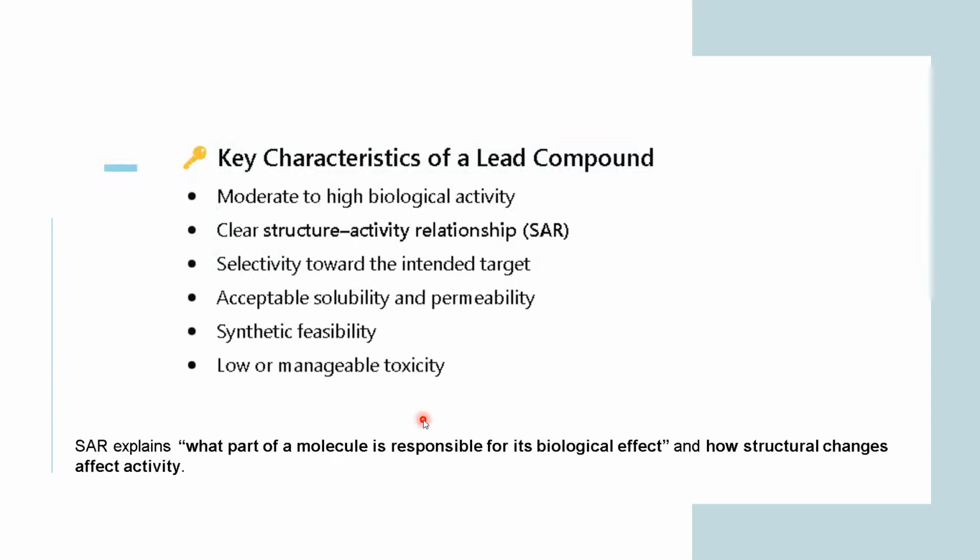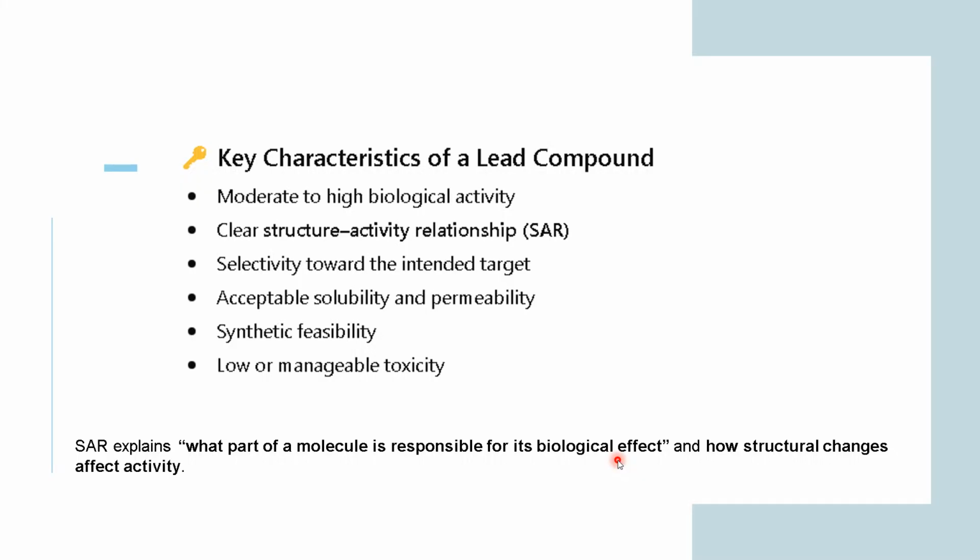Okay. So the key characteristic of a lead compound is that it should show moderate to high biological activity. Basically, it should show a minimal activity which is required for the target, for the mechanism of action of that particular target molecule. It also shows a structure activity relationship. What is meant by that? What part of a molecule is responsible for its biological effect, and how structural changes affect the activity.